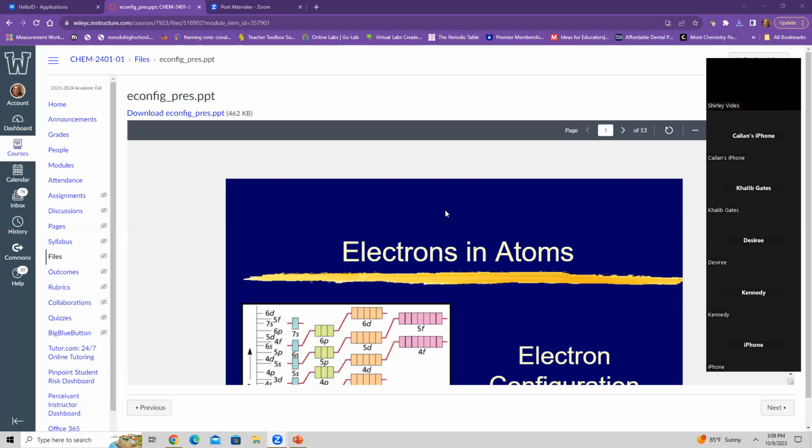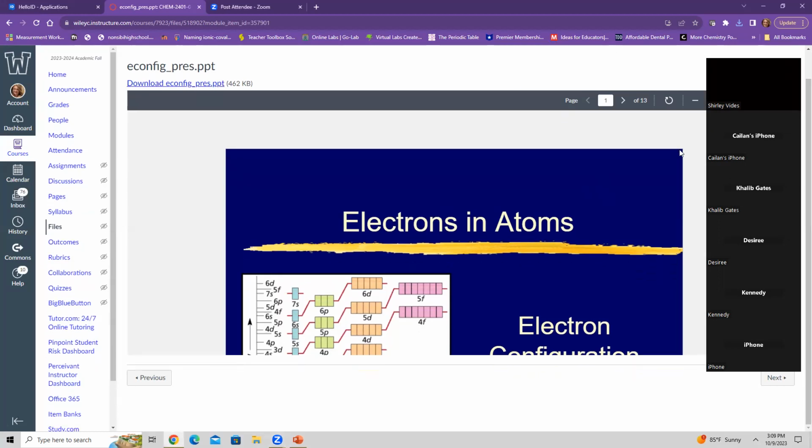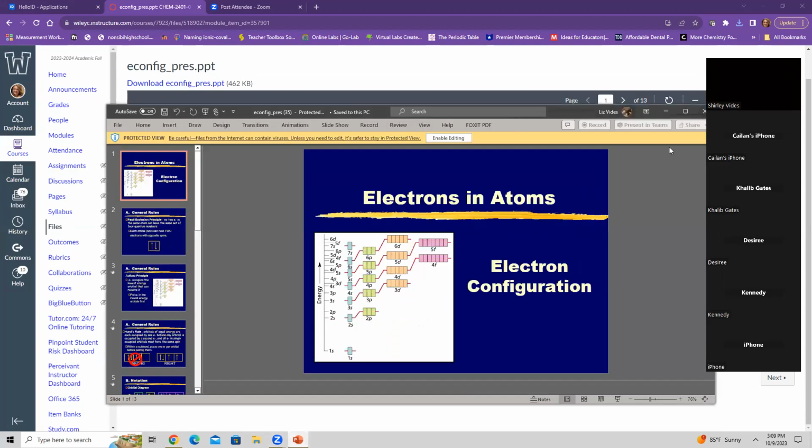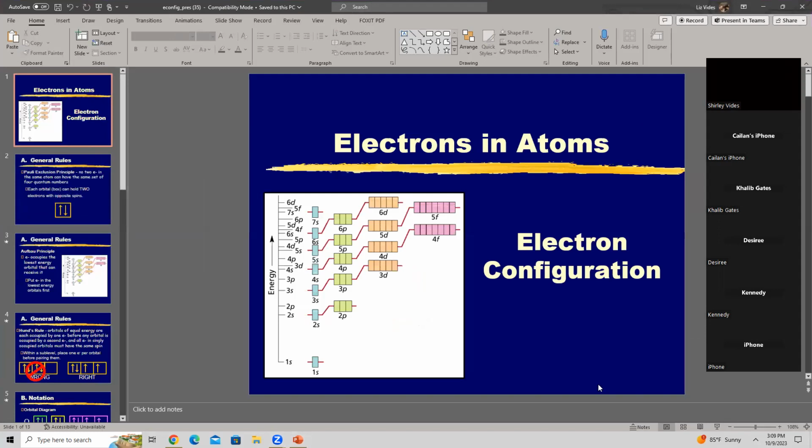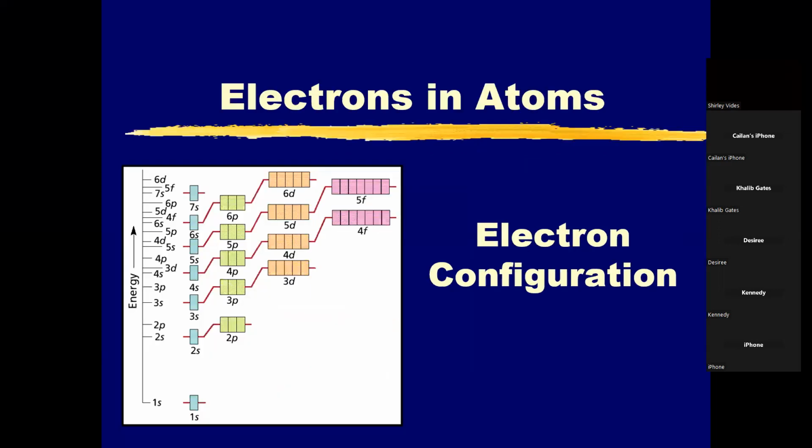Okay, so when you look at electron configuration, we're looking at putting in the electrons as they are going in, basically the lowest energy closest to the nucleus, the higher energy farthest away from the nucleus.